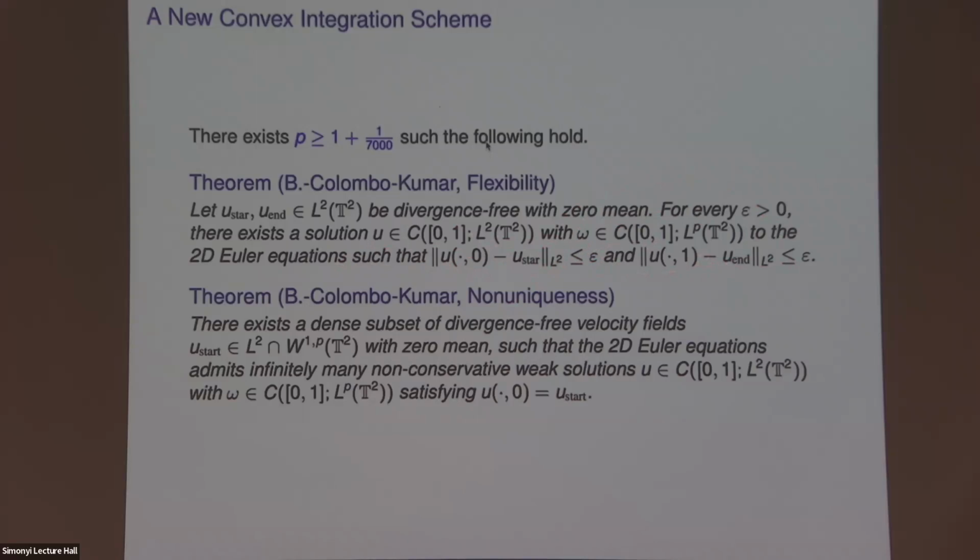So in particular, one can construct non-conservative solutions. Energy is not conserved. And this is just about non-uniqueness. There exists a very big set of initial velocity fields, again in two dimensions, such that we have infinitely many solutions of the two-dimensional Euler equation with vorticity in L^p starting from those initial conditions.